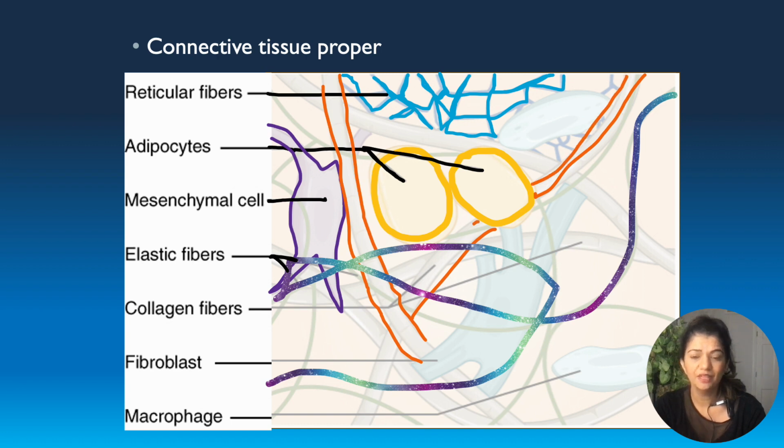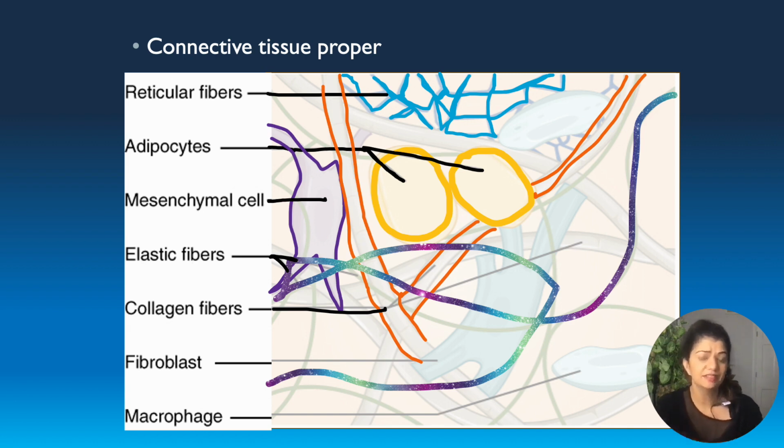And then we also have the fibroblasts, which I'm going to talk about a little bit more extensively. So fibroblasts, what they are, they will vary depending on the tissue's location and function.